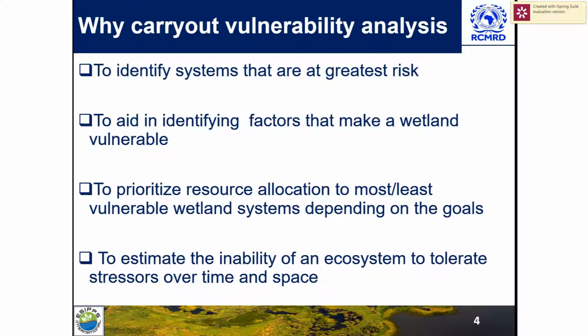I would give an example. For example, if you look at wetlands that are located in urban centers, they're more vulnerable than probably some wetlands in rural areas. But also the level at which it's being degraded varies from location to location.